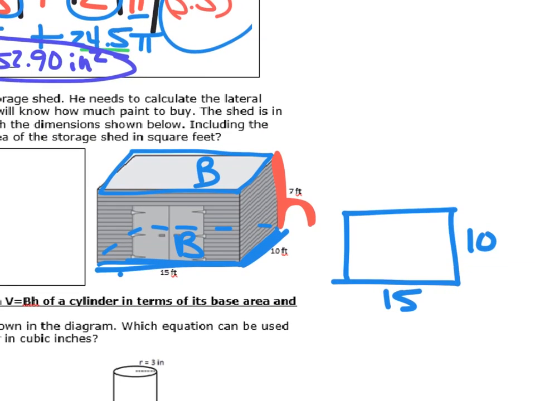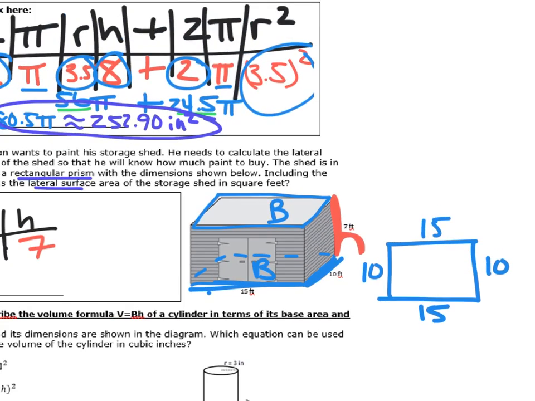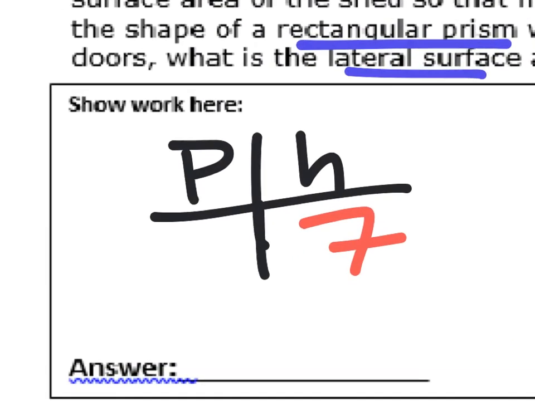So if it's my perimeter, I'm going to add up the sides. Now I don't have just these two sides where I have numbers. I also have these two sides as well that I need to add. So this side is 15 also, and this side is 10 also. So 10 plus 10 plus 15 plus 15. That's 30, 40, 50.